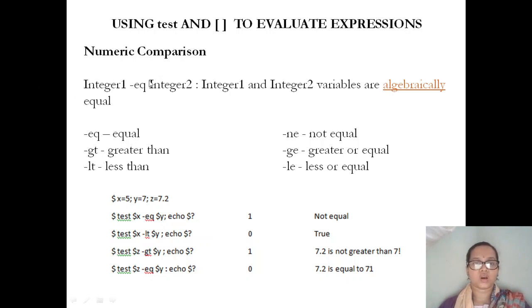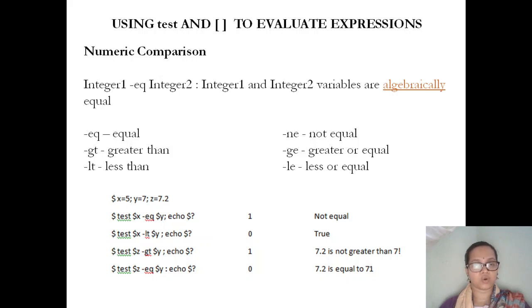So integer1 -eq integer2, where EQ stands for equal to. You are looking at the integer1 and integer2 variables and checking whether they are algebraically equal or not. In fact, our shell works in the fashion of mnemonics.